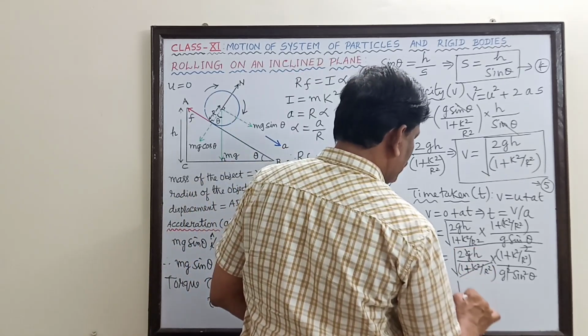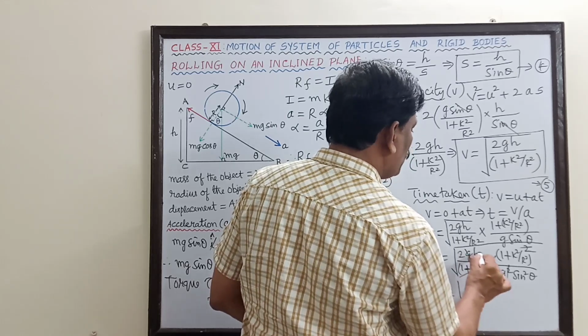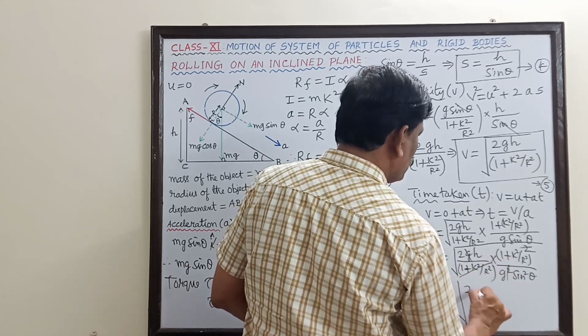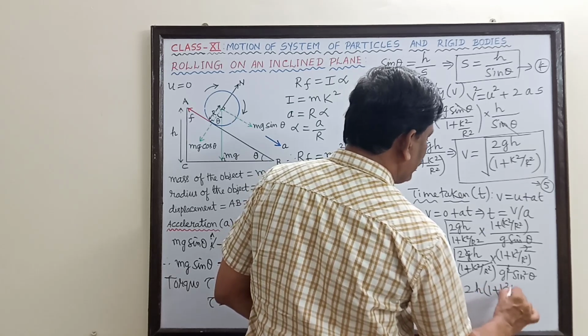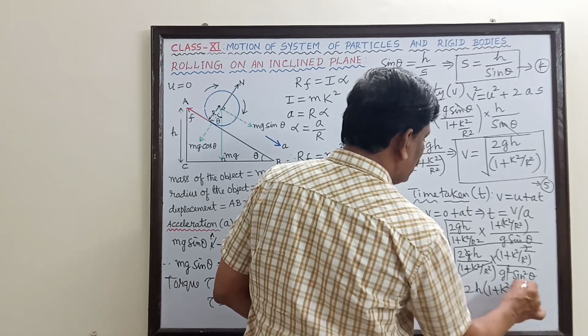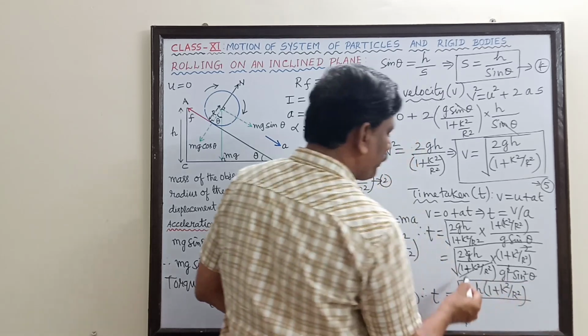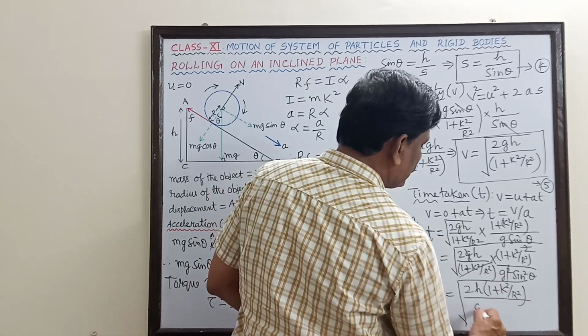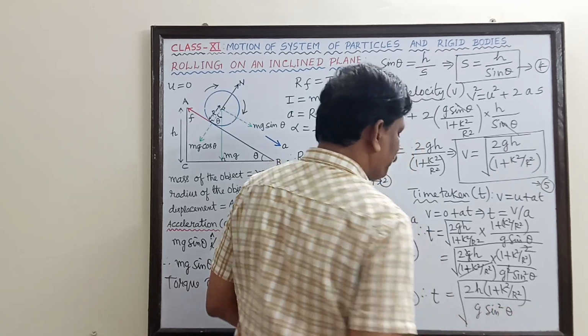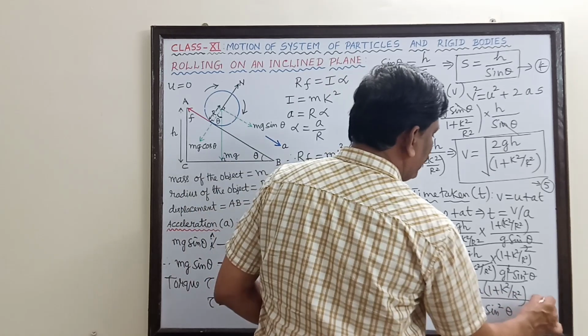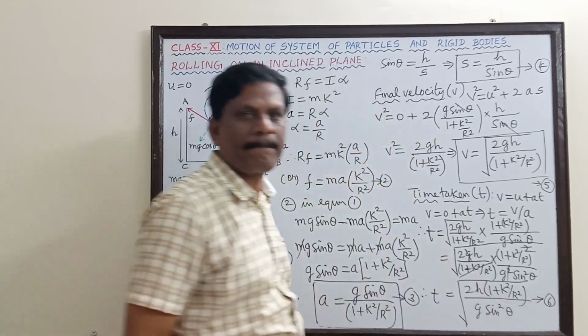So t equal to, the final equation is, the square root of 2h into 1 plus k square by r square divided by g sin square theta. This will be the final equation number 6.